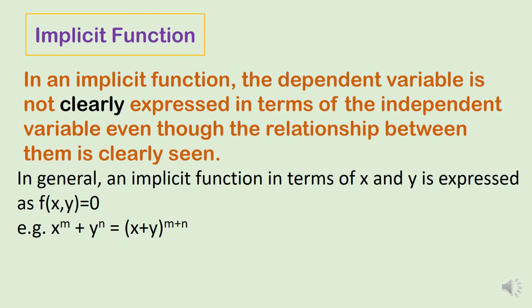Here we cannot take y on one side and put all the x containing terms only on the other side, isn't it? It is quite difficult to do so. The differentiation of this function also, we cannot do it directly. We have to use other methods for differentiation. This is another example of an implicit function and one more example. In all these examples, as you can see, y cannot be written clearly as a function of x.